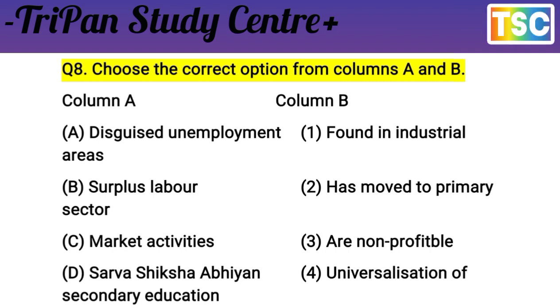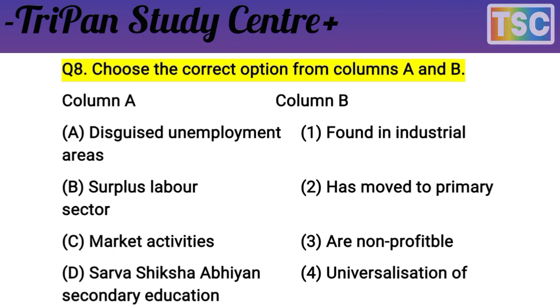The question is very interesting. You know that the answer here is D. Answer D is correct. The reason is that Sarv Shiksha Abhiyan is dependent on the universalization of secondary education. Sarv Shiksha Abhiyan, or SSA, is one of the world's most successful school programs in India.